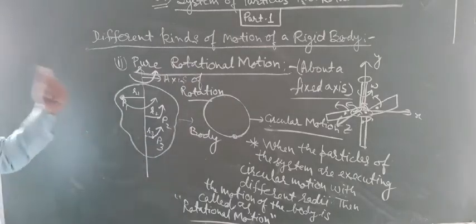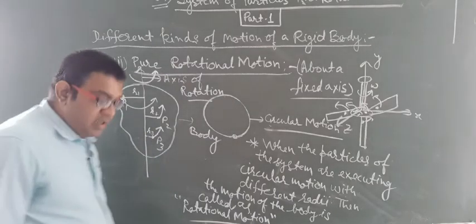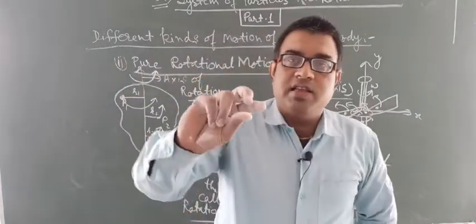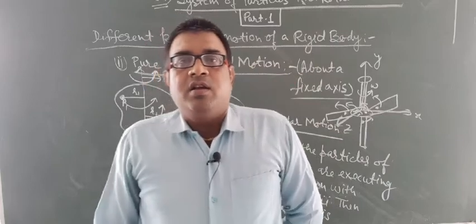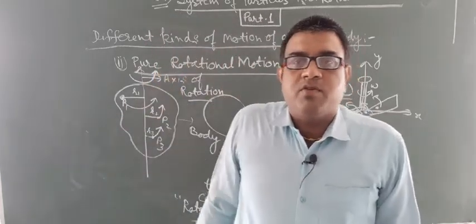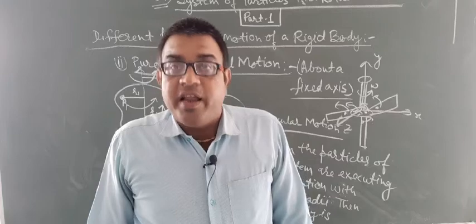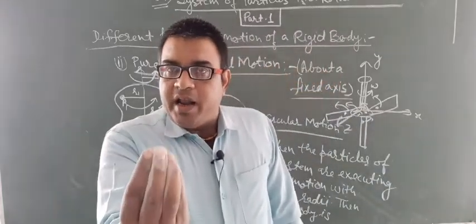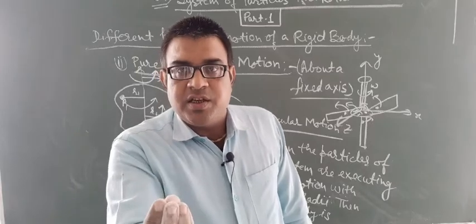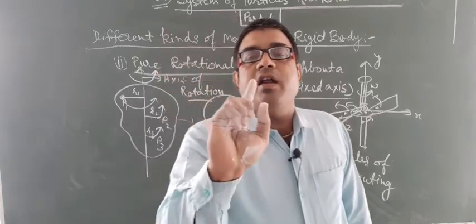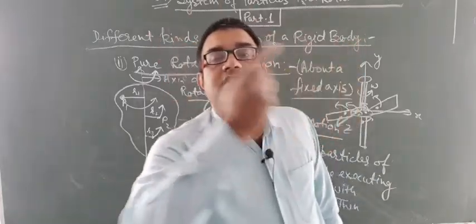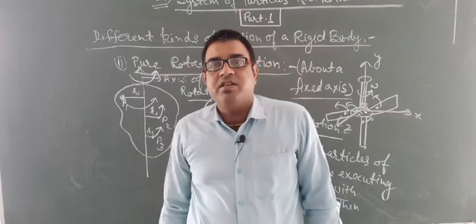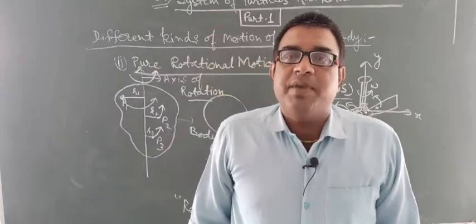Now the third case: apart from pure rotational motion, there is another type of motion in which one end of the axis is fixed and the object rotates around the other end of the axis. One end is fixed, and that is called precession.